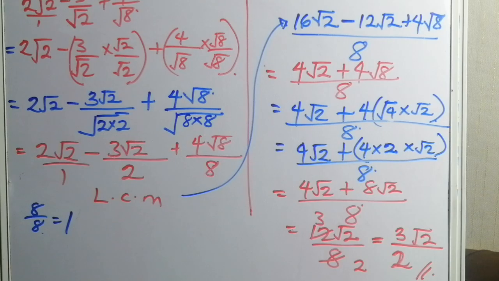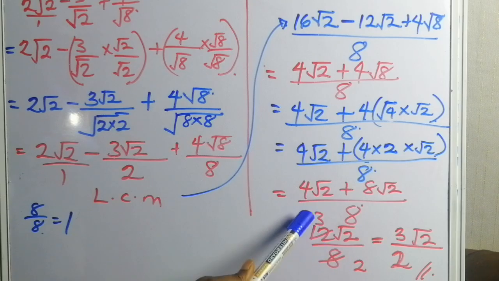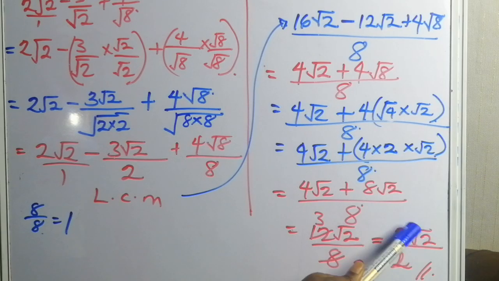I can now add it because they have the same value inside the square root. Okay, so 8 plus 4 is what? 12 root 2 over 8. Then at the end of the day, it means that something can still go. I can still simplify further. 4 can go here, 2. 4 can go here, 3. That's 3 root 2 over 2. I can't move further again. So that's the final answer.